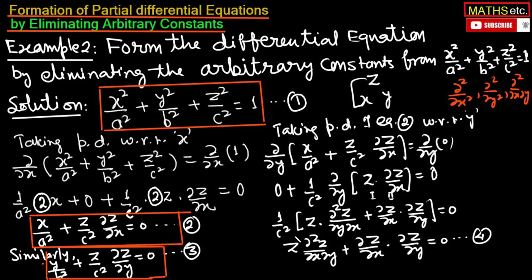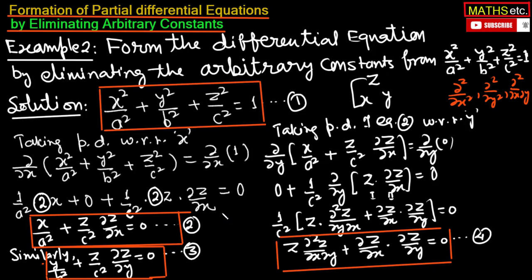So this one is the required partial differential equation. Before we move to the next example, let us see the advantage of taking the mixed derivative. Suppose we had taken a partial derivative of 2 with respect to x, this a would have remained here itself. So elimination would have become a difficult exercise.